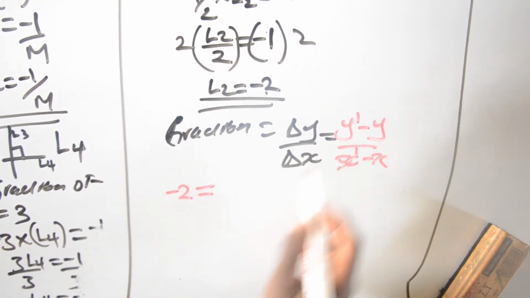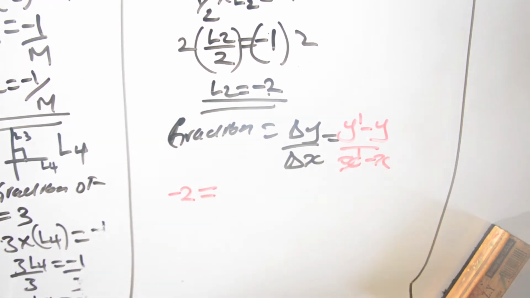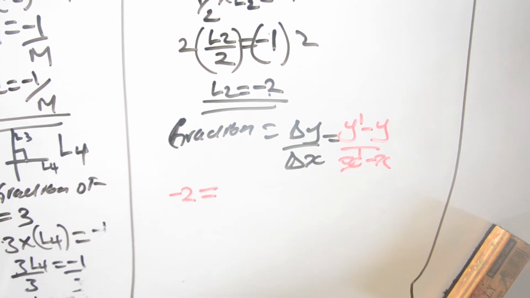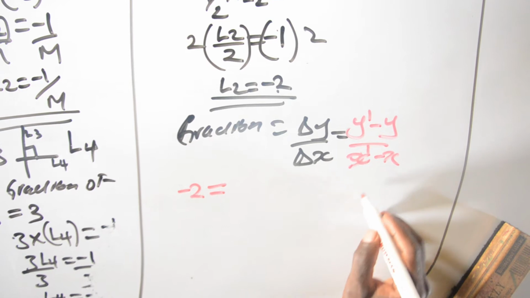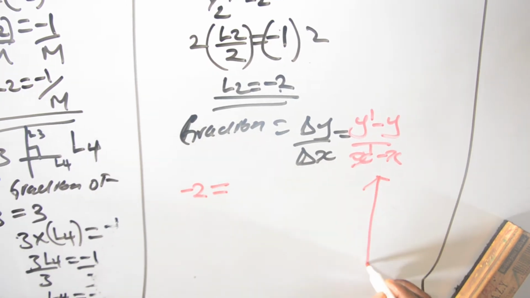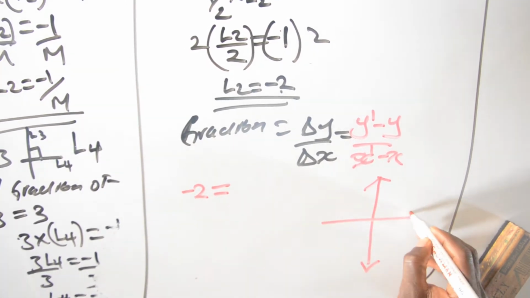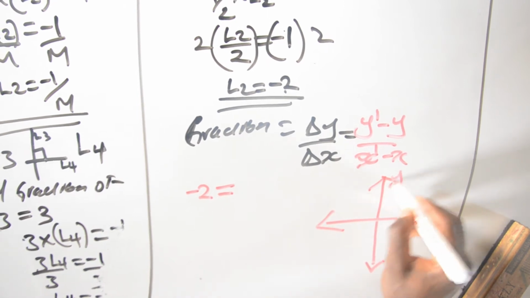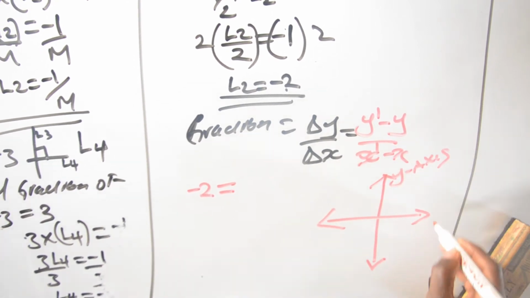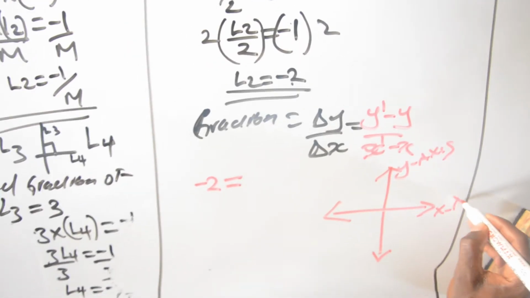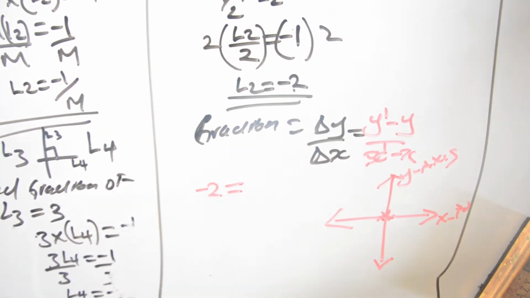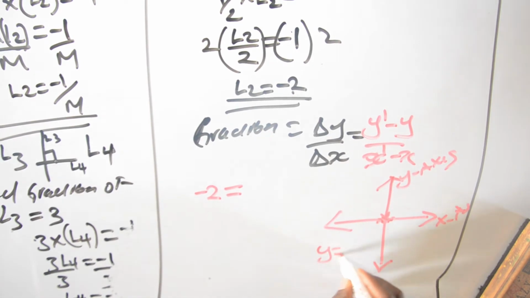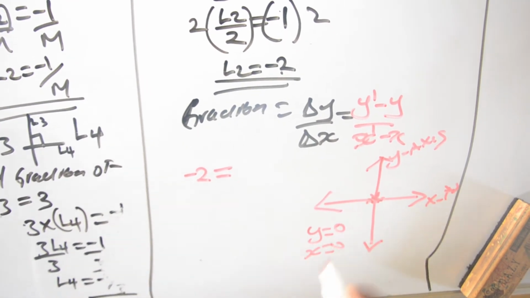We've been given the point. It passes through the origin. The origin, when you have this, this is the y axis, this is a Cartesian plane, the x axis. The origin is here, and at this point the value of y is equal to 0 and the value of x is equal to 0.